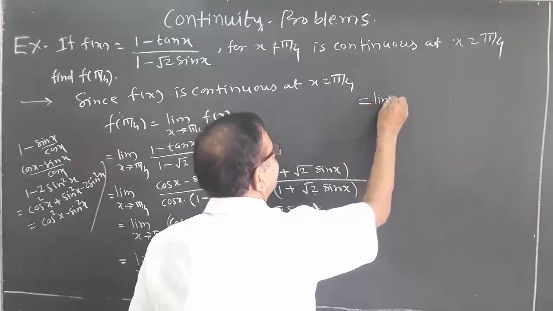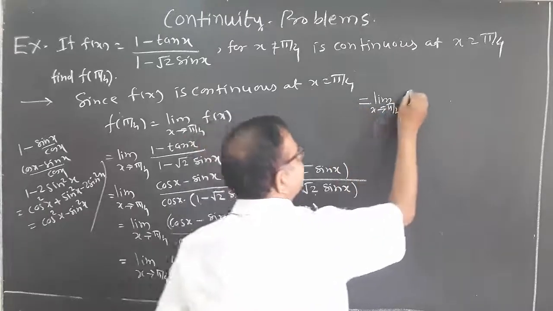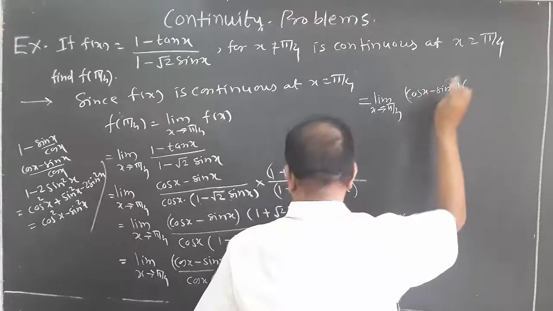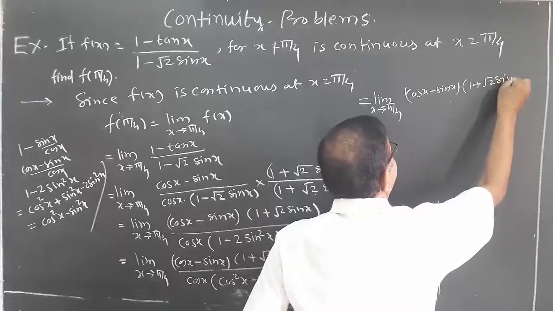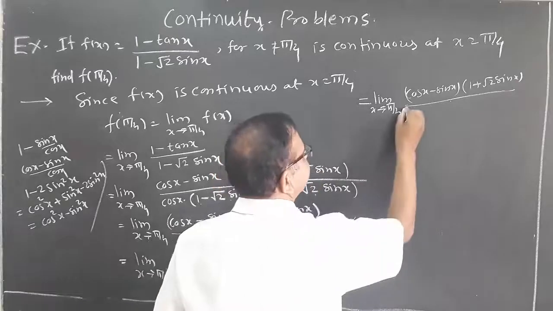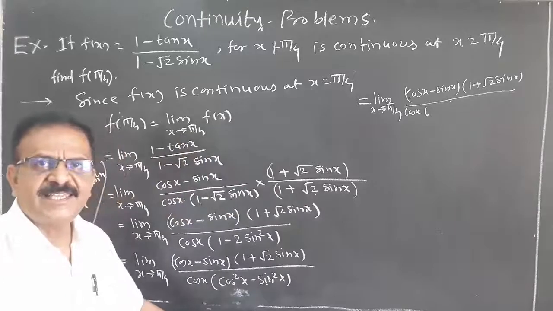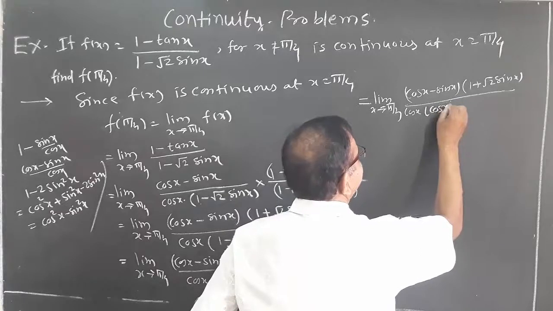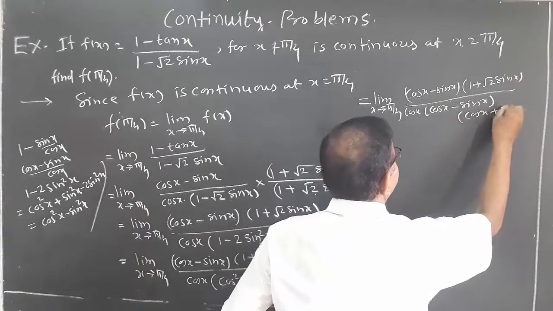limit x tends to pi by 4 of cos x minus sin x into 1 plus root 2 sin x divided by cos x into cos square x minus sin square x, which can be written as cos x minus sin x into cos x plus sin x.